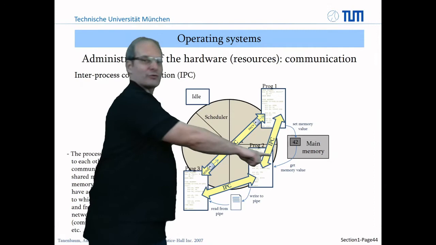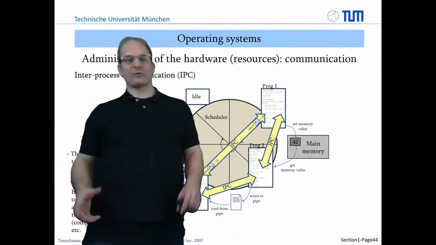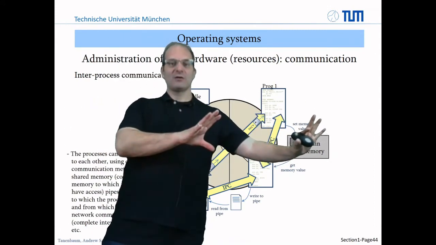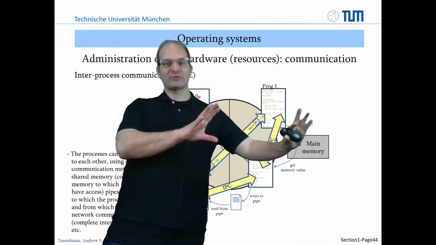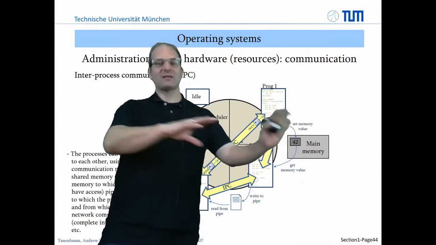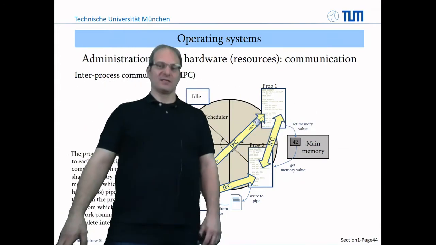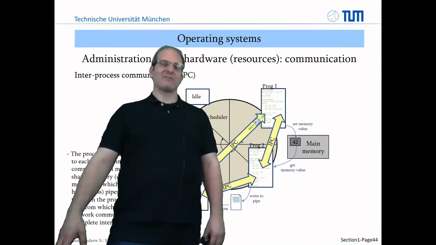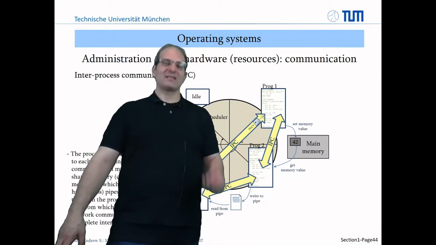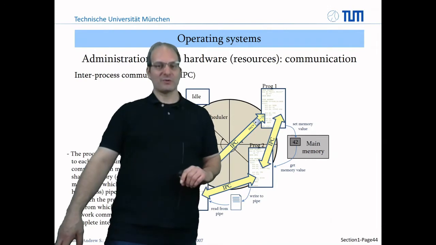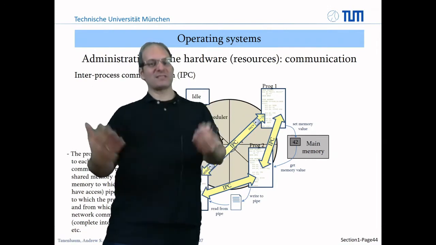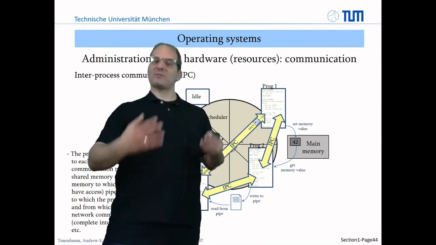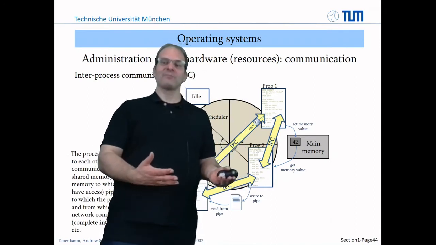You can use, of course, memory. So one process puts the data which should be sent into a special position in the memory, and then another takes it. So this shared memory is a very efficient way, but it just works on one computer, of course, because the processes must share the memory, and therefore it must be on the same hardware.